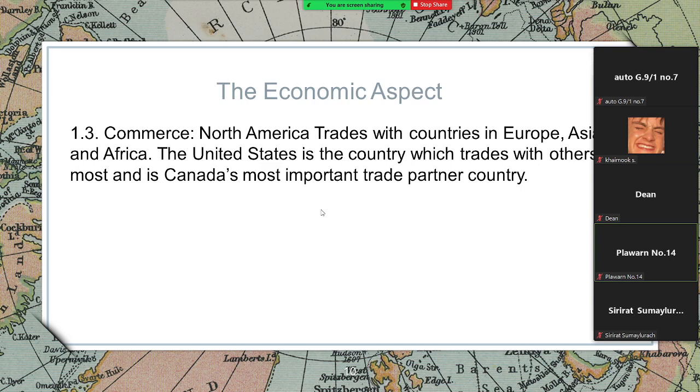That is the meaning of commerce. North America trades with countries in Europe, Asia, and Africa. The United States is the country which trades with others the most, and it is Canada's most important trade partner. So this is for commerce.